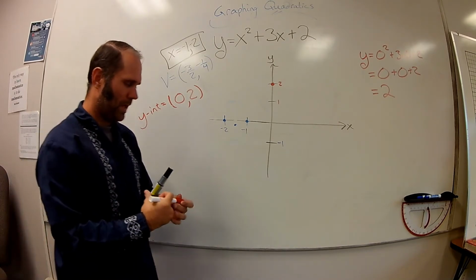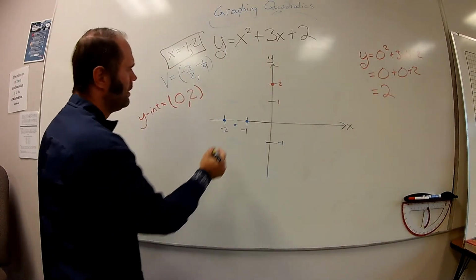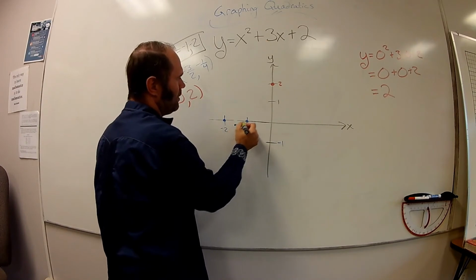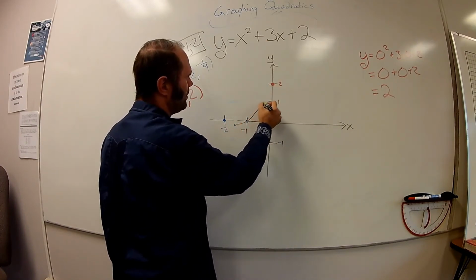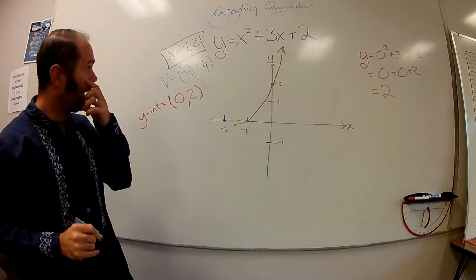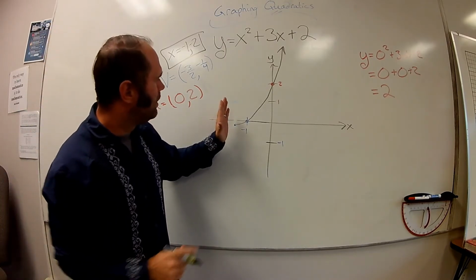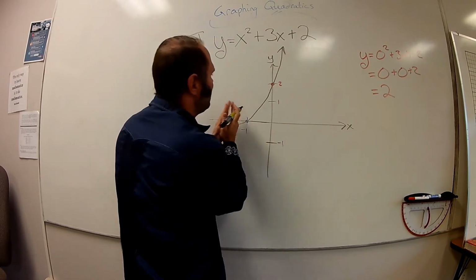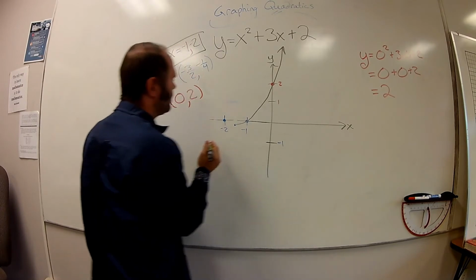This can help make the graph a little bit more accurate, because otherwise when we go to connect we might shoot it up really fast, but it actually comes over. It's actually coming over. And the other nice thing that you might note is that if you've got the right hand side of the graph, the left hand side is just the mirror of it. So this is just a mirror image.